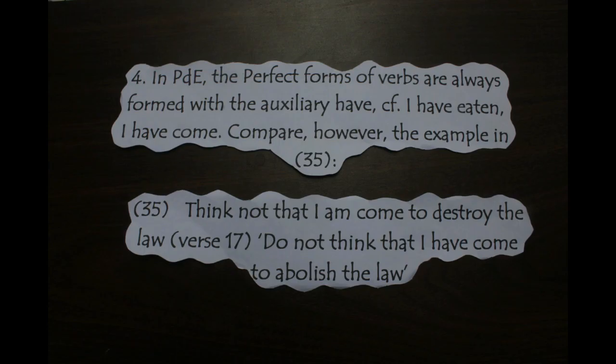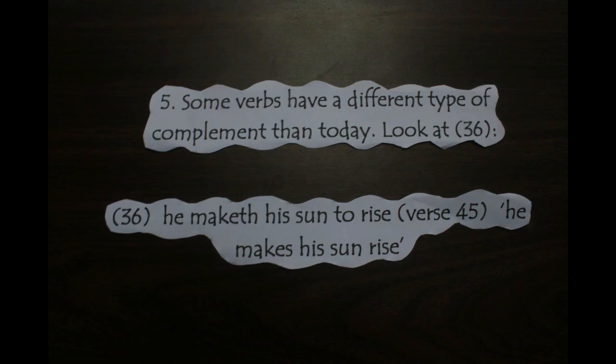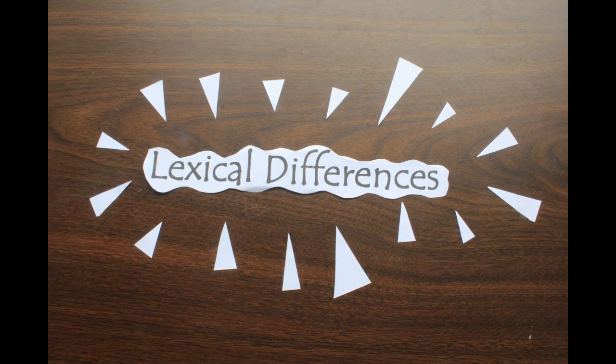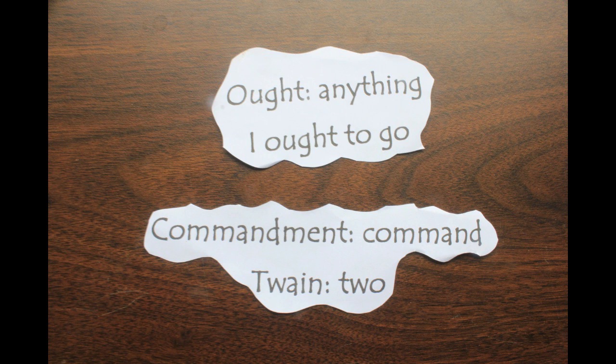In present-day English, the perfect forms of verbs are always formed with the auxiliary have. Some verbs have a different type of complement than today. A special structure frequent in early modern English is known as the his genitive. Lexical difference. The word "aught," meaning anything, is an example of a word that has been lost. It is numeral twain, an old form of two.